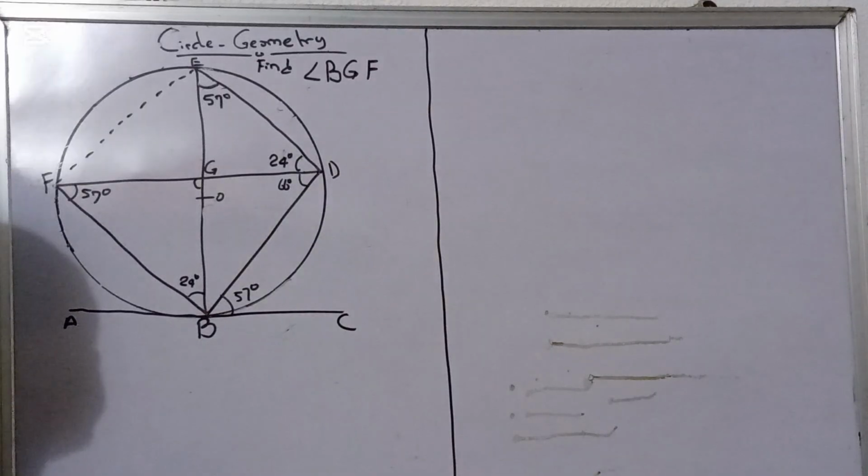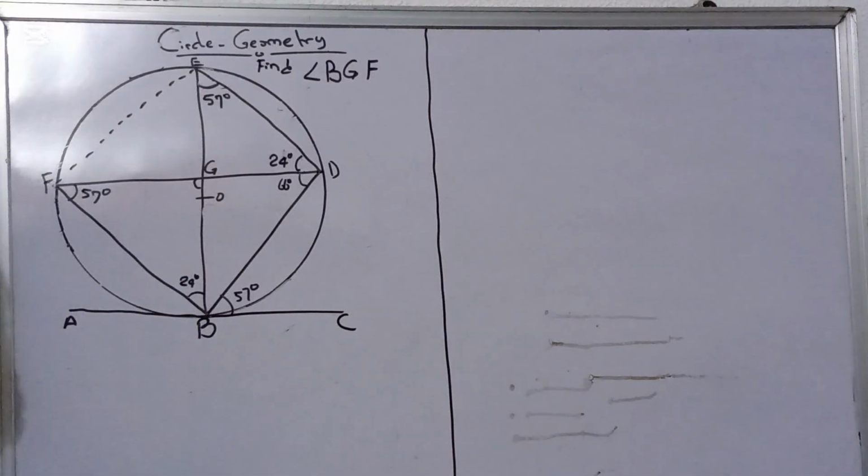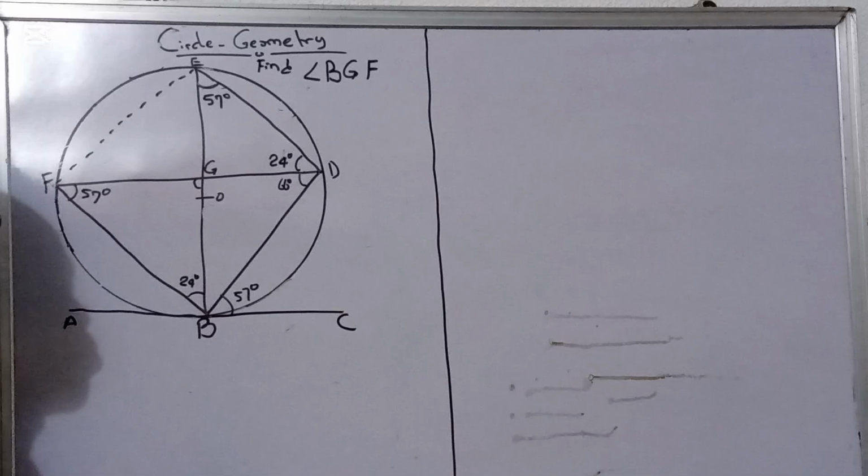Okay, so what we are going to look into next is angle G, which is between the boundary or arc base angles of B and F. Looking at this, we have two G angles.